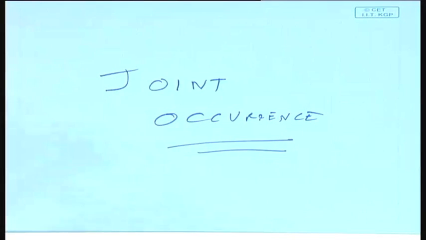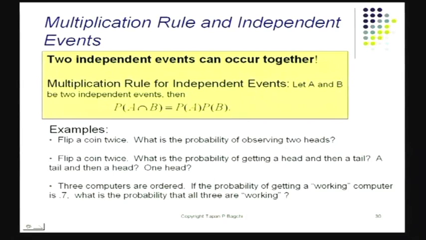Joint occurrence. This is a very important thing. Certainly events can be independent, but they can occur together. It's a coincidence, but they can occur together, and therefore a joint probability is also possible. For example, there are a lot of examples given here. Flip a coin twice.